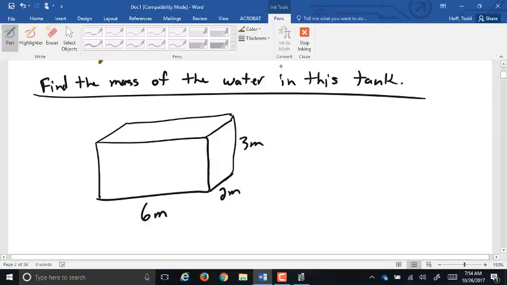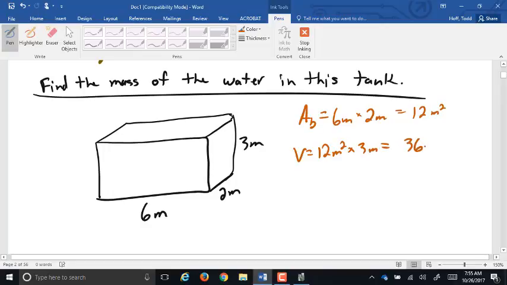Now, first thing we're going to do is find the volume. How do we find the volume of that? 6 meters times 2 meters is an area of a base of 12 meters squared, right? So then the volume is the 12 meters squared times 3 of height, yes. So it's 36 meters cubed.